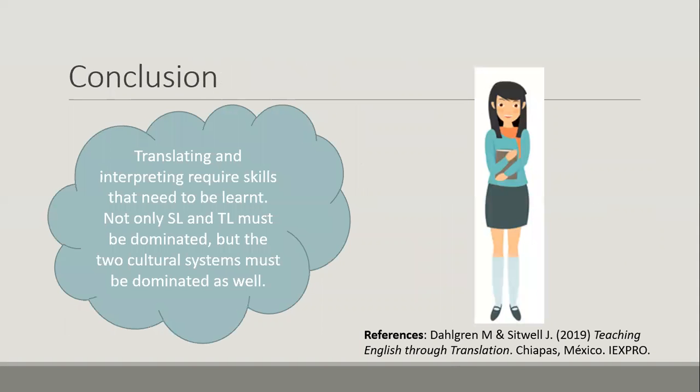So finally, translating and interpreting require skills that need to be learned. Not only must the source language and target language be mastered, but the two cultural systems must be mastered as well. As I said at the beginning of this presentation, I found this subject very interesting and useful for our everyday teaching practices.